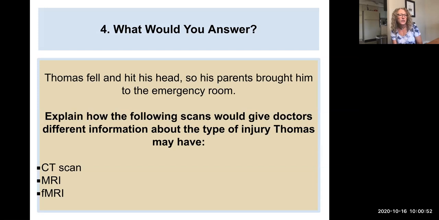And if his head injury actually damaged part of the brain and changed its structure, the CT scan and the MRI scan are going to show more of that. The fMRI is probably going to be the most sophisticated brain imaging technique that's going to be able to show the structure in addition to brain activity.